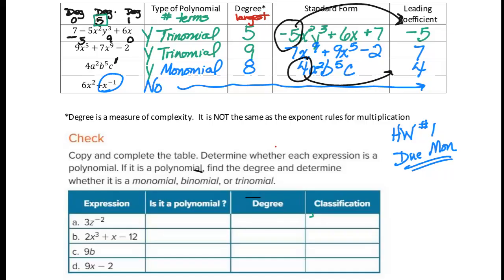What is the degree? Let's see. We didn't put it up there. It is a constant, so it's a degree of 0. But you should put constant there. Do you see what I'm saying? So it is a constant. So I have to use these words.